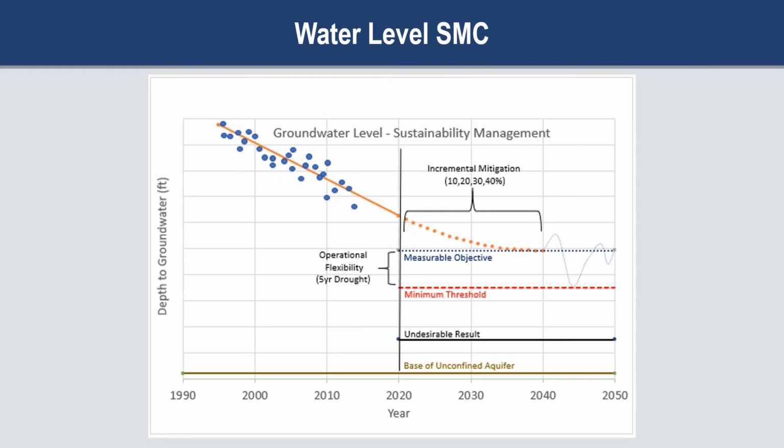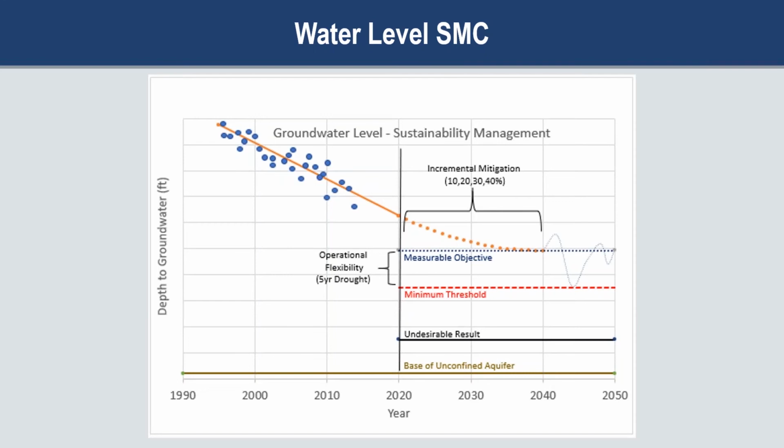As you can see on the graph, there's also a line for undesirable results. It's shown below the minimum threshold because there is some discussion within the Kings Basin that a true undesirable result may not be where the minimum threshold is set. That conversation stemmed from the fact that at our minimum threshold, we still have a decent amount of water in the aquifer before we hit the Corcoran clay, for example, in the MAGSA area.